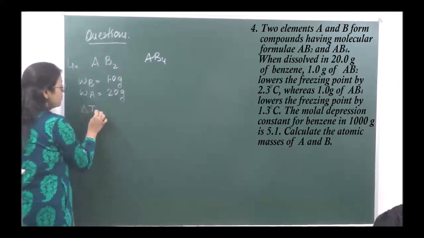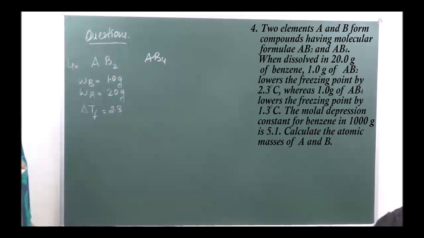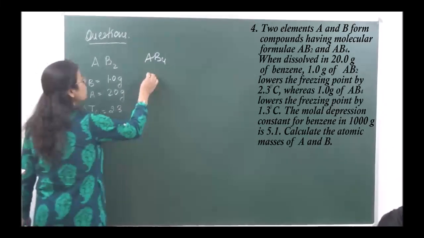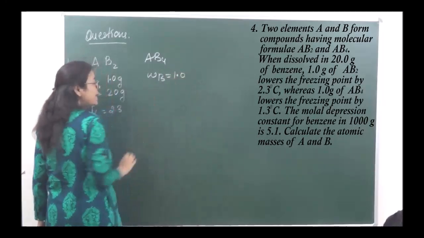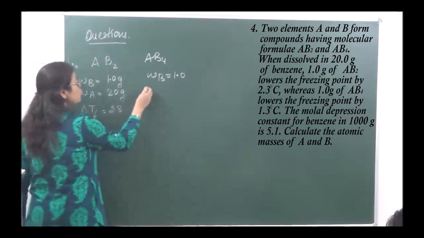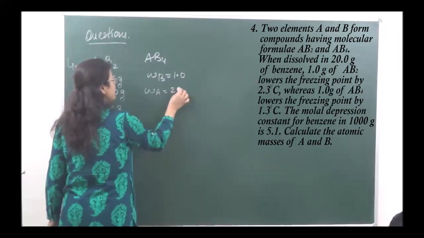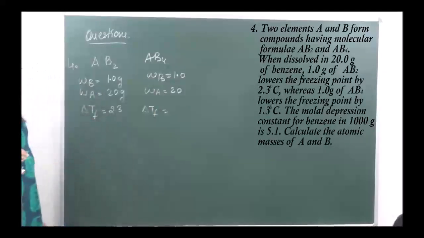So delta TF given to us over here is 2.3, whereas 1 gram of AB4 lowers the freezing point by 1.3. WA is the same over here, that is 20 grams, but delta TF is changing to 1.3 degrees Celsius.